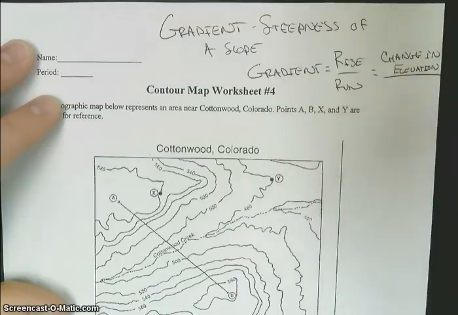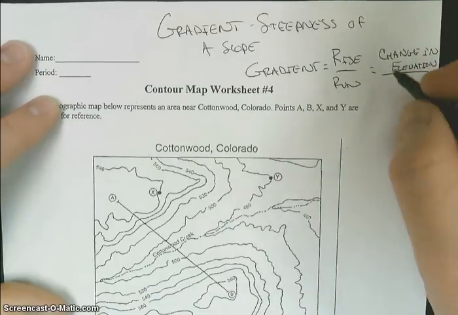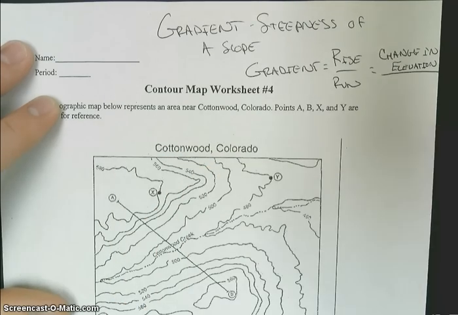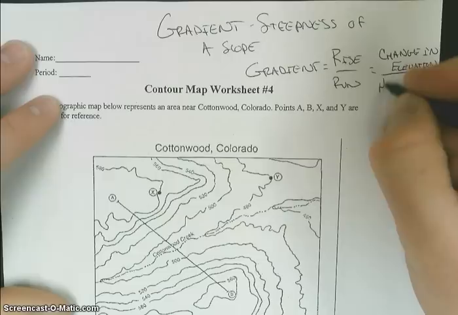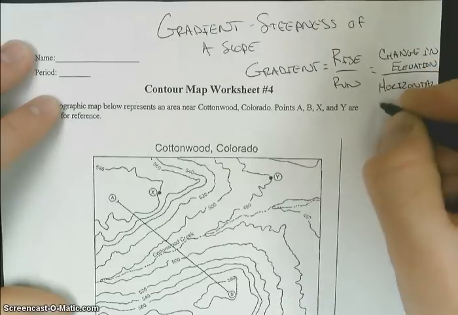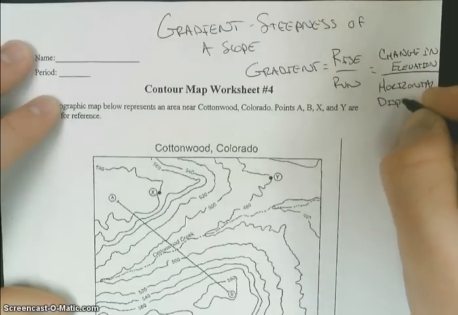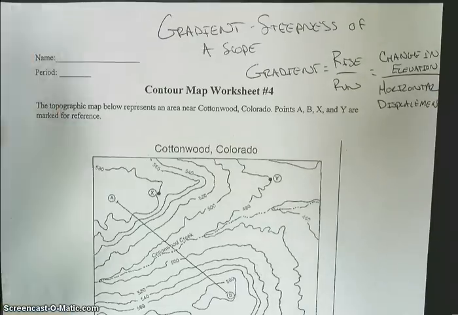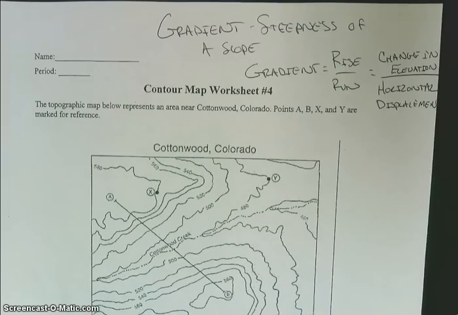That number is divided by our run, which is our horizontal distance from A to the creek. Horizontal displacement is what we'll call it.